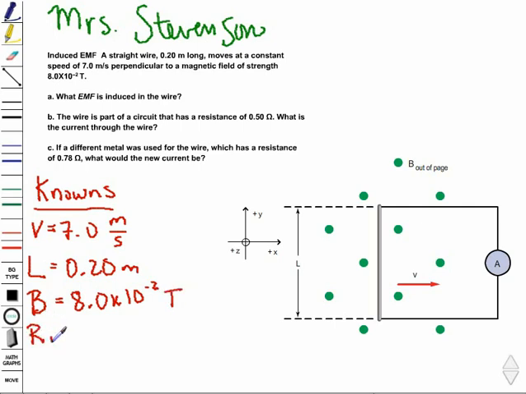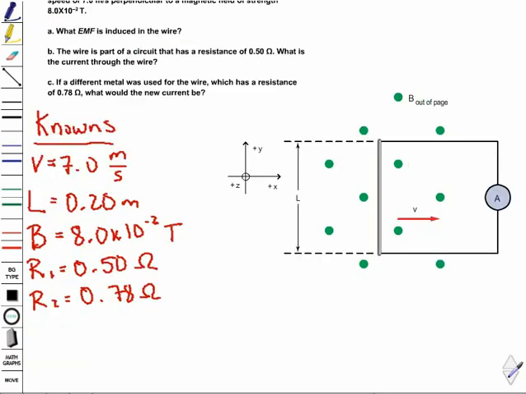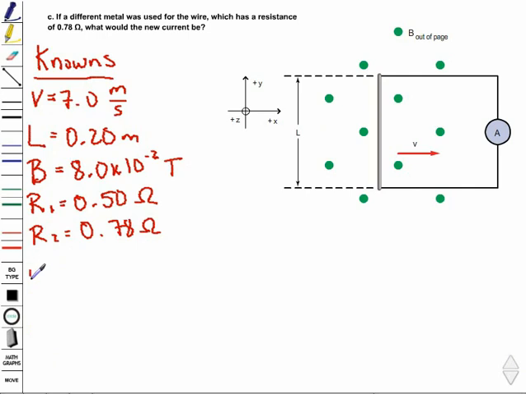We know that the resistance of our first part of the circuit was 0.50 ohms, and we know the resistance of the new piece of metal was 0.78 ohms. Scroll down so we can list our unknowns. We are looking for the induced EMF as well as the current in our wire.